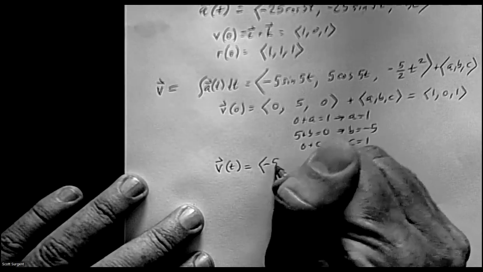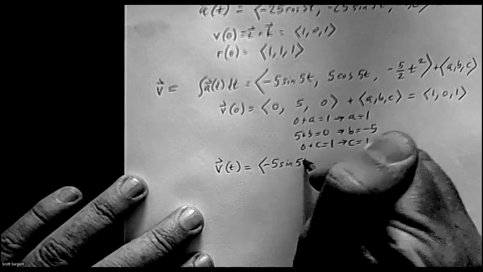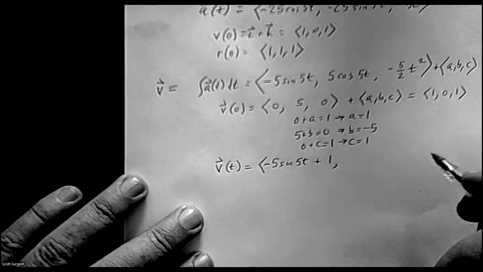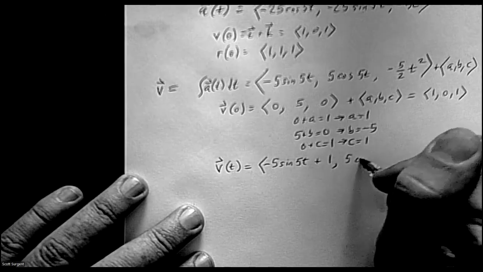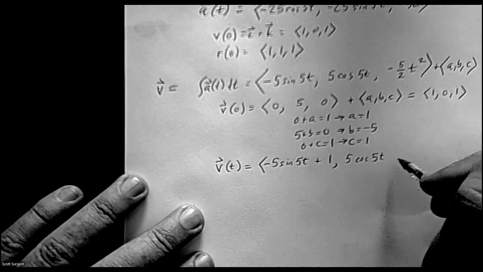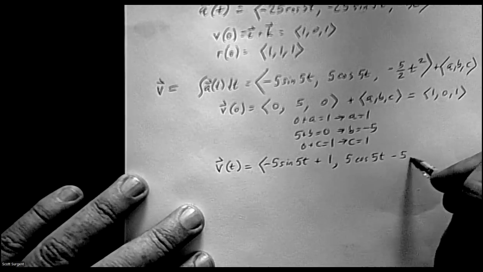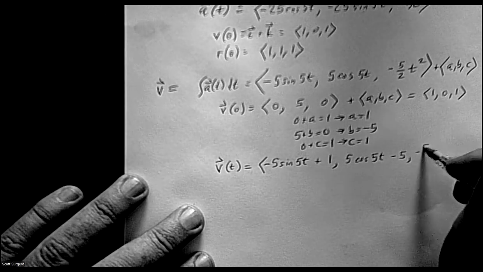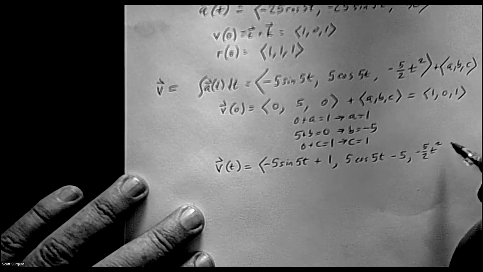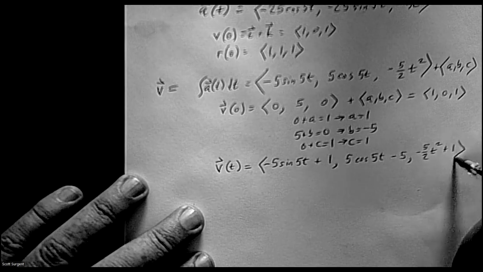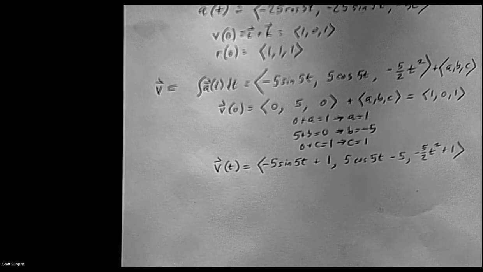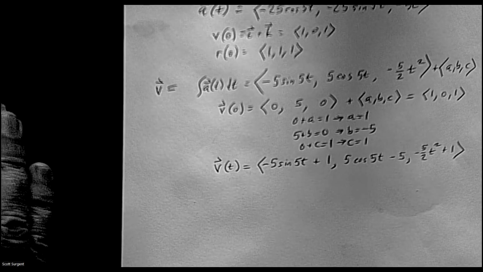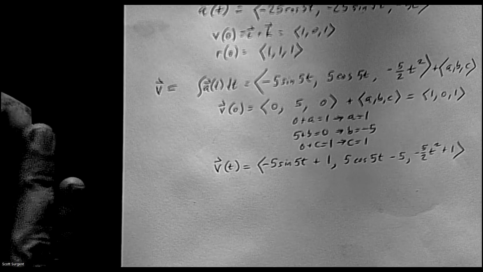It's going to be negative 5 sine 5t plus 1, 5 cos 5t, take away 5, and then negative 5 halves t squared plus 1. Now I'll pause here, and if there's any questions, let me know. You see how I worked in the constants of integration?